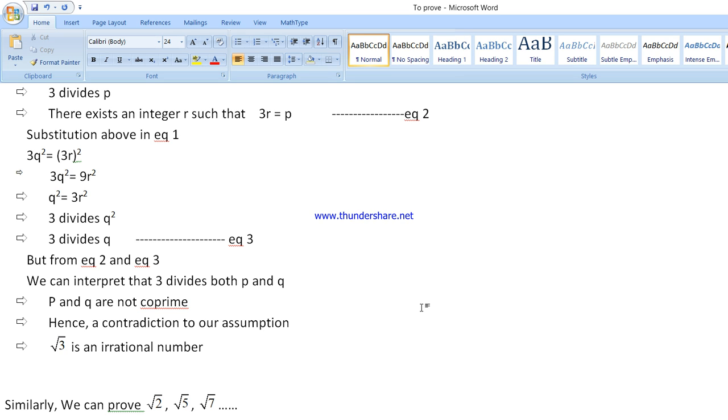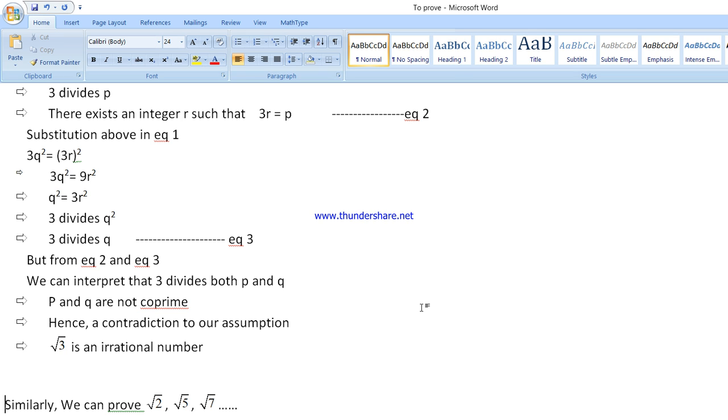Now, the question which comes in the exam is either a direct question like prove that root 2, root 3, root 5, root 7 to be irrational number. So, you will prove it in this way. It's going to be a 3 or 4 marker question.